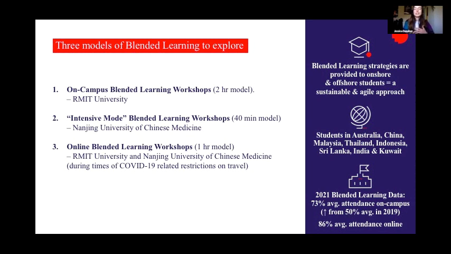So that had increased. And the thing that I really want to highlight there, it's gone up 23% attendance since I've started optimizing and really refining my blended learning strategies. But we've gone up 23% in a year where students, if they were sick, they couldn't come to campus.